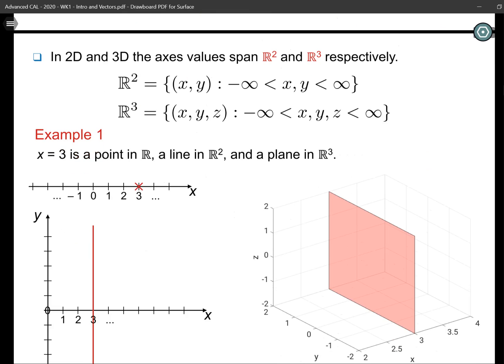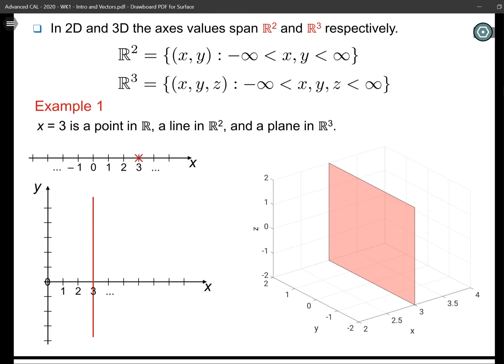Now, what if you work in 2 dimensions? In 2 dimensions, you have x and y. And x and y can range from -infinity to infinity, and we call this set of coordinates of x and y right here R2. So basically it's the same thing, set of real numbers, except that we have 2 dimensions, x and y.